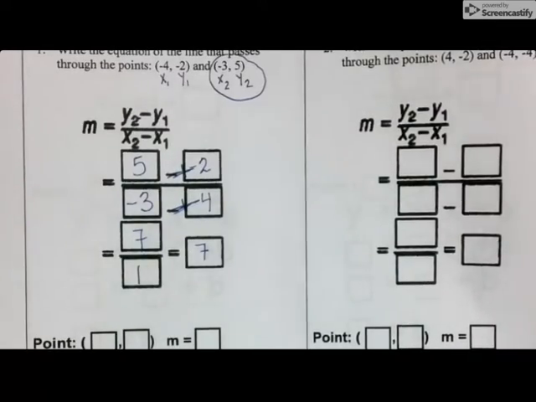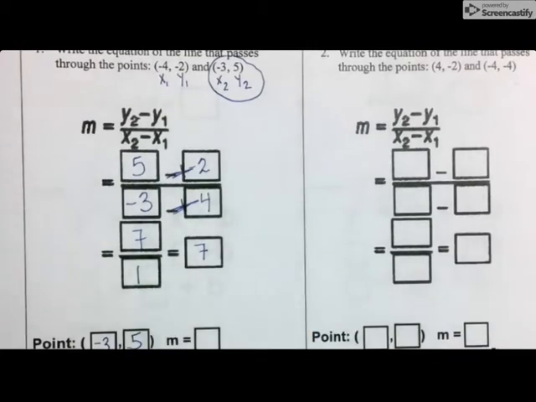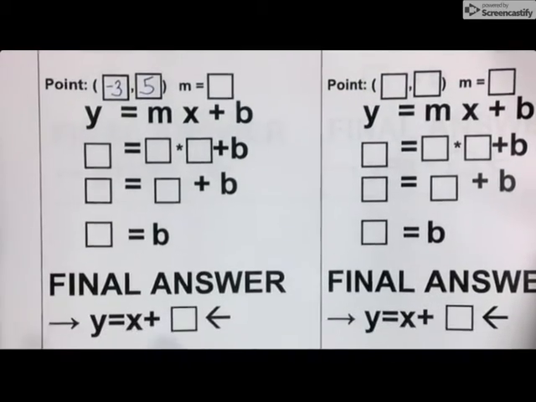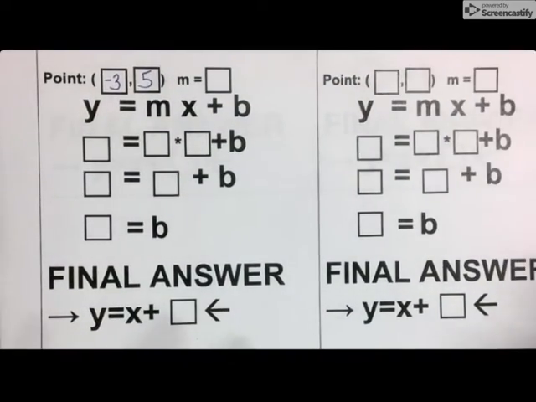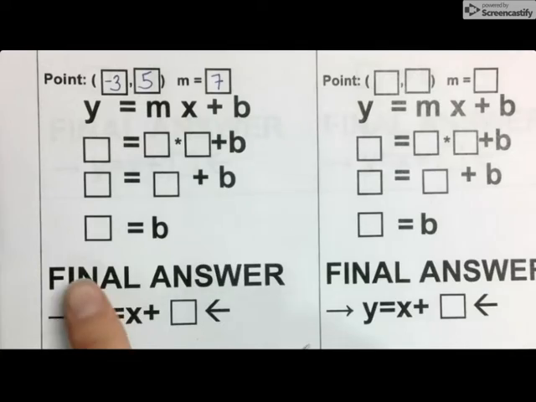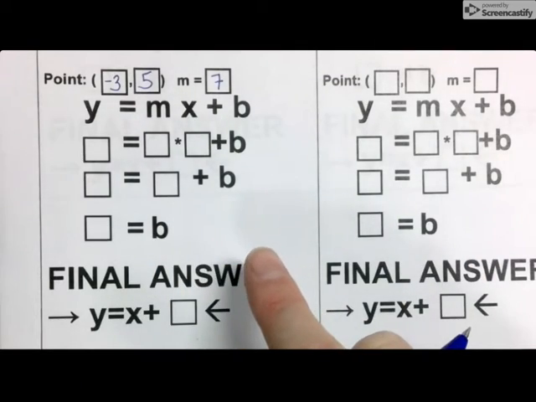The great news is I already have it labeled, so I'm going to bring down my point of -3, +5. Then I'm also going to write in what my m was, what my slope was. So what did we just find that our slope equaled? 7. So remember before break, you saw this.